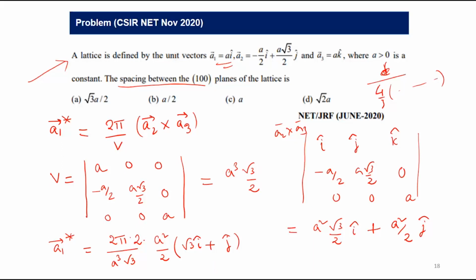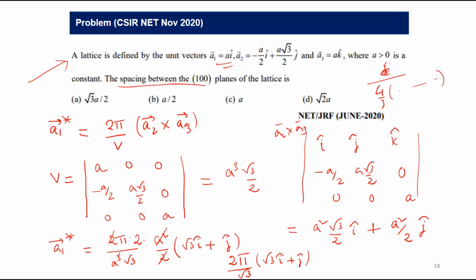Please check whether this is right or wrong. Can 2 or 3 of you at least confirm that I have done this right? Yes, sir. A square and A cube will cancel. So this will be 2 pi by root 3, then root 3 I cap plus j cap.